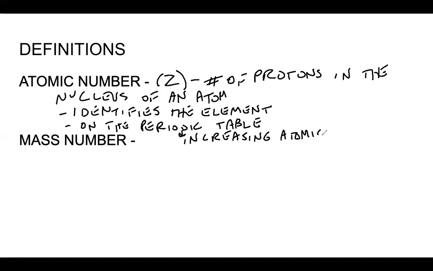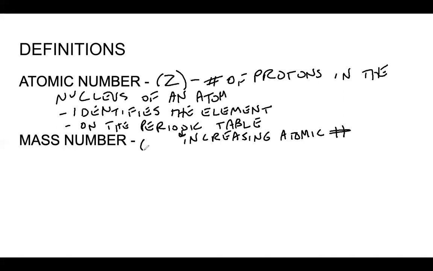So we start with hydrogen that has 1 proton, an atomic number of 1. Then we have helium with an atomic number of 2, meaning it has 2 protons in its nucleus. Oh yeah, it'd be a good idea for you to have a periodic table on hand for this lesson. That will help.